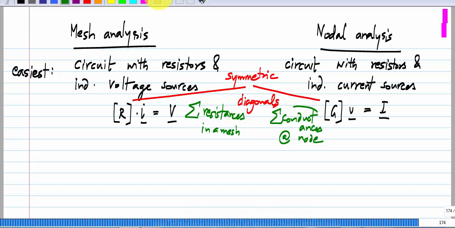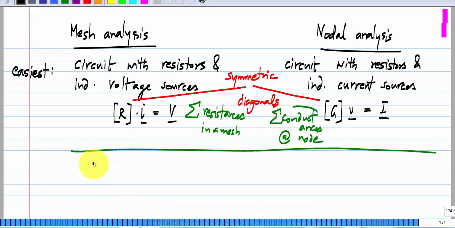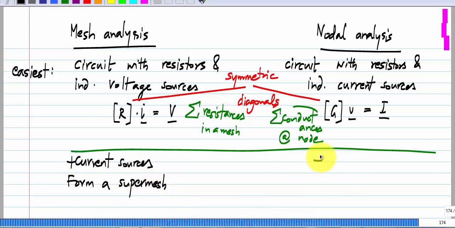And when you include current sources with mesh analysis, we have to form a super mesh, and this is similar to having independent voltage sources with nodal analysis, in which case you have to form a super node.